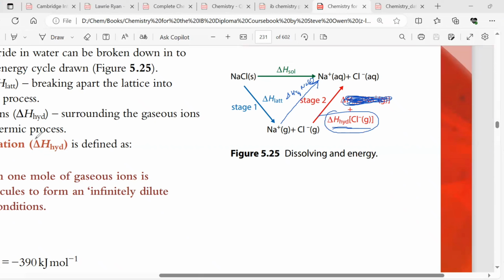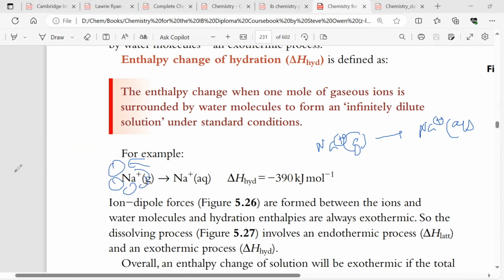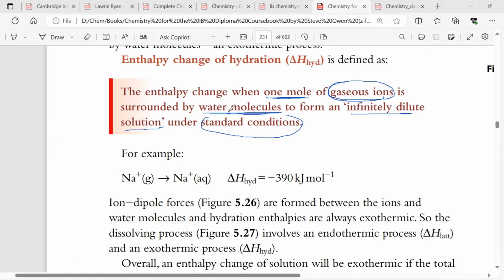What is its definition? Na plus gas becomes Na plus Aq, water surrounds it quickly so that they cannot recombine. It is the enthalpy change when 1 mole of gaseous ions is surrounded by water molecules to form an infinitely dilute solution under standard conditions.